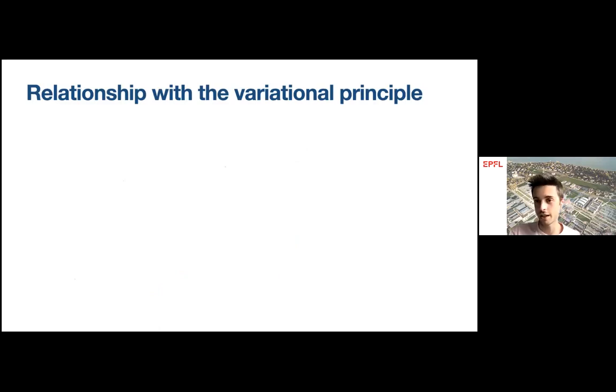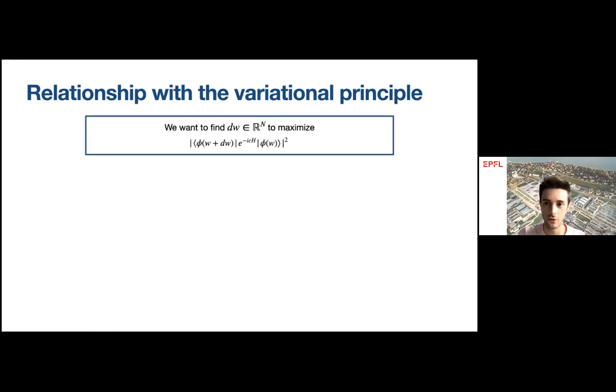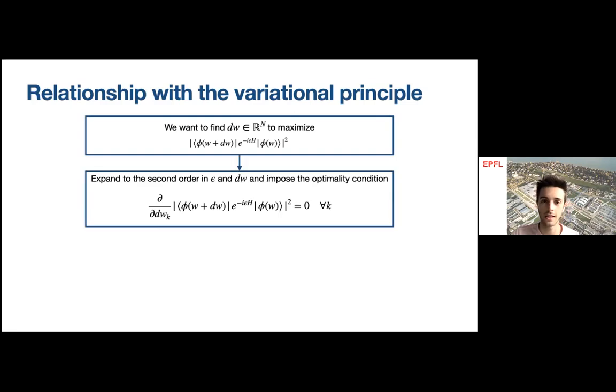But we wanted to check if this algorithm has some theoretical basis, so its relationship with the variational principle. And fortunately, the answer is yes, because if we want to find the parameter shift that maximizes this overlap, we expand to the second order and impose the optimality condition.